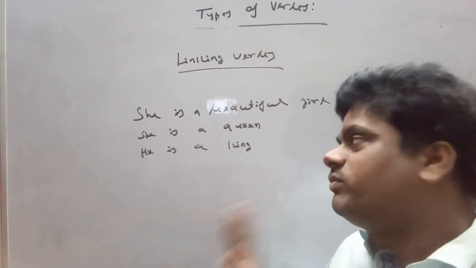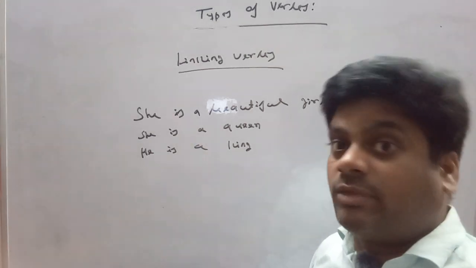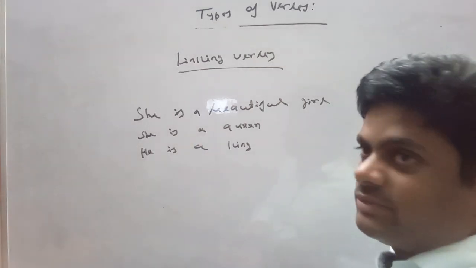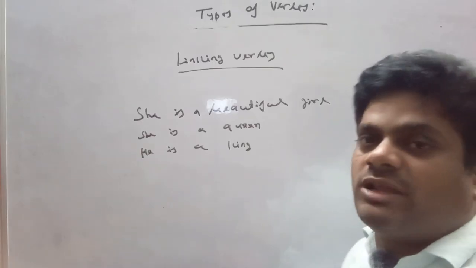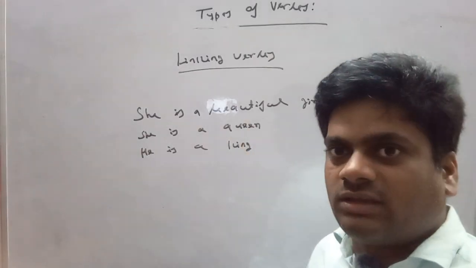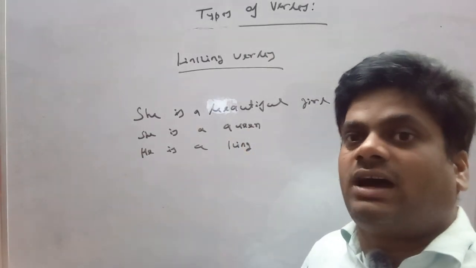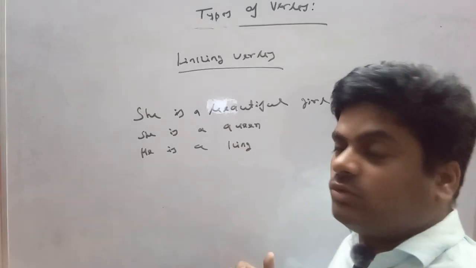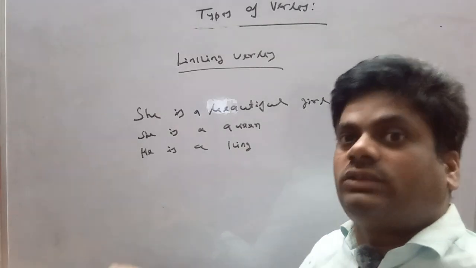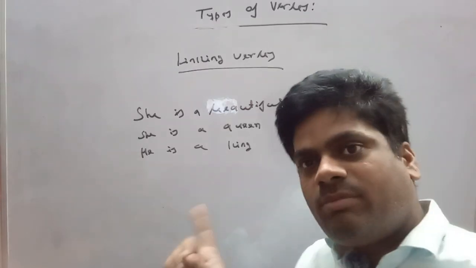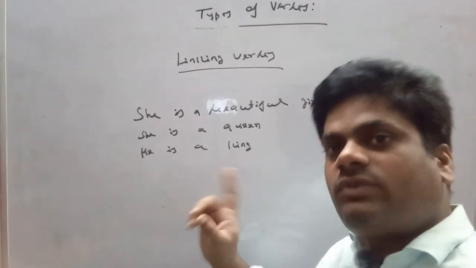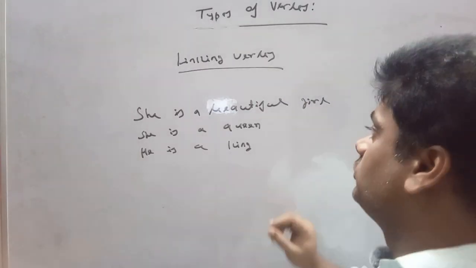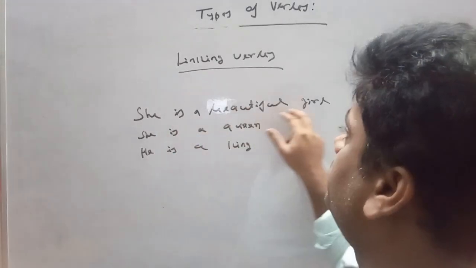We don't know, so we have used article a. But in the second sentence, if we mention the queen or king, we would take the article the, because now we are talking about that king or queen which has already been mentioned in the first sentence.